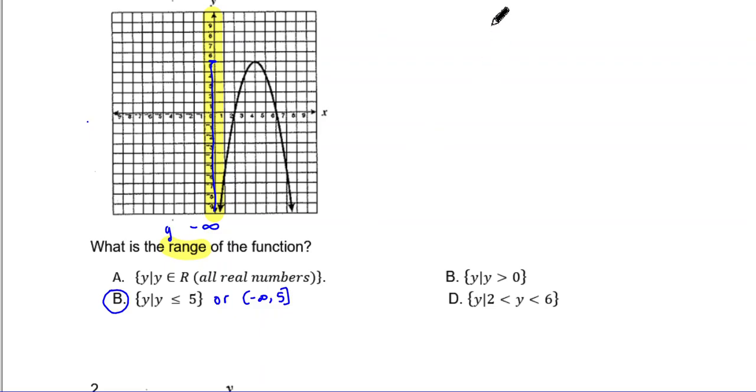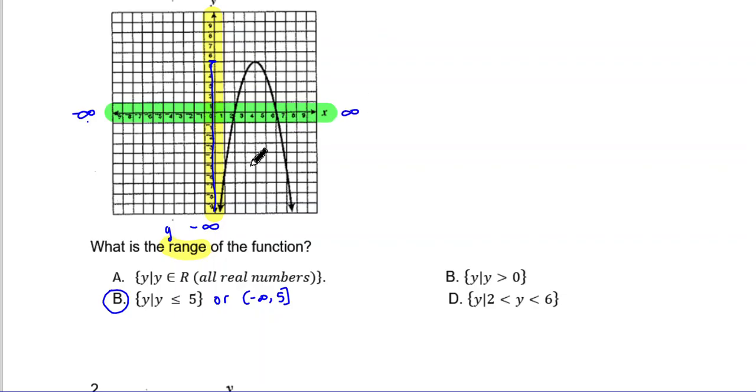I do want to take a second to look at the domain. Even though it's not asking me, I still want to look at it just to show you. If this question were to ask you for the domain, the domain is the x-axis, and it goes from negative infinity, basically from left to right.